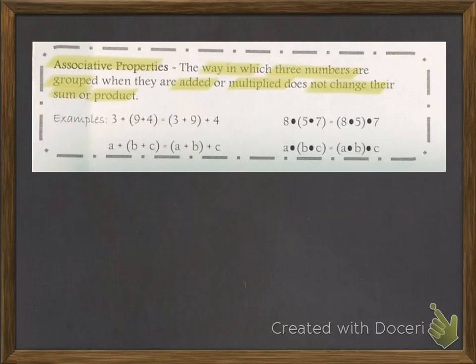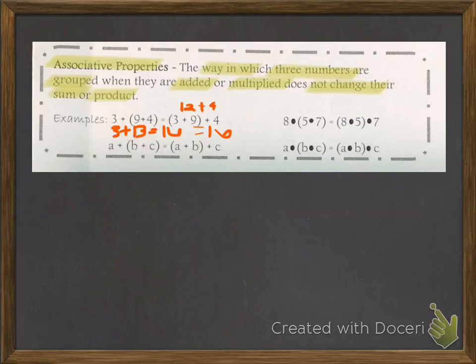So if we did order of operations, 9 plus 4 equals 13, and 3 plus 13 equals 16. Does that stay true for here? So 3 plus 9 equals 12, and then 12 plus 4 does equal 16, so 16 equals 16.